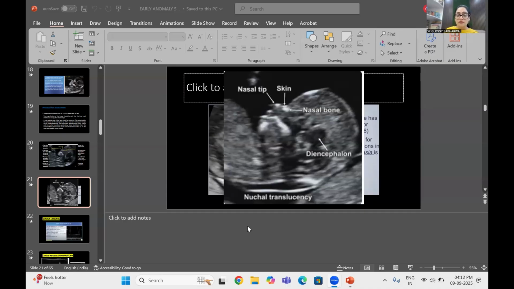We do look at the palate, because it is one of the structures that we start assessing from 12 weeks onwards. So we should look at that. But cleft lip, if we are talking about structural assessment, we usually see in the second trimester anomaly scan.